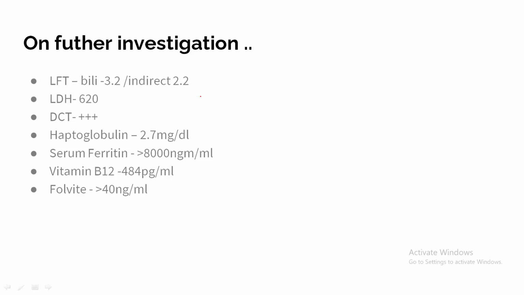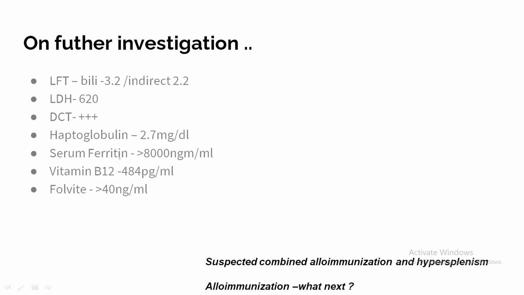These are the three important things to document in hemolytic anemia. So this child had indirect hyperbilirubinemia, very high LDH, a strongly positive DCT, and haptoglobin less than 10. Serum ferritin, of course, was very high. B12 and folate were normal. So he probably had combined alloimmunization, because DCT was strongly positive, and also a hypersplenism picture.